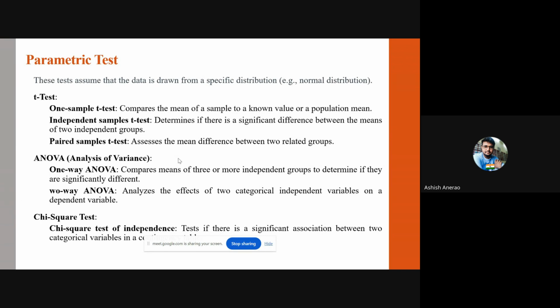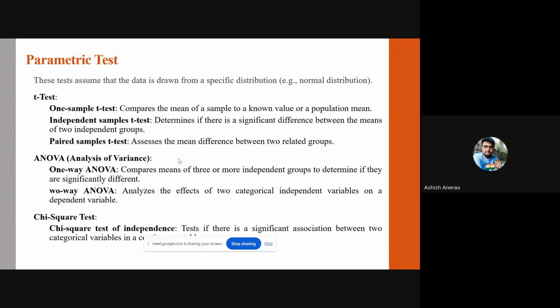Suppose we have categorical data in the form of after and before, but that categorical data is correlated. At that time we use the McNemar test to check whether there is an association or not between pre and post.